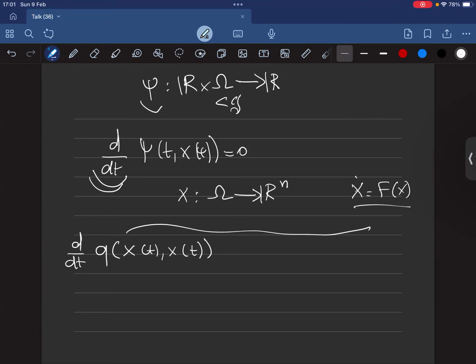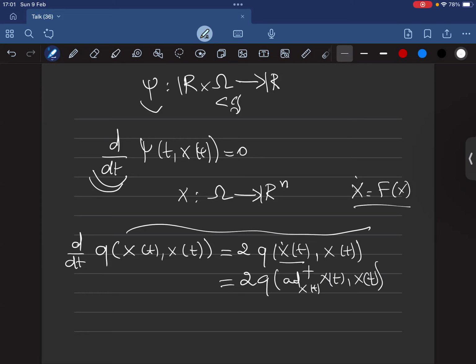Okay, so I will show this in seconds. So this will give you 2Q(x, x dot), and you know from the Euler-Arnold equation that this x dot is ad_x(t) dagger x(t).